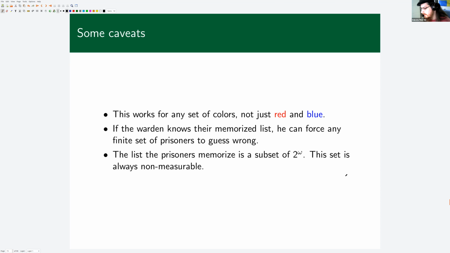I absolutely know that, but whether it's non-measurable in a topological sense or in a measure sense, I think there's some detail about whether they're meager or null or something. But the set they memorize, no matter what it is, can't have nice topological or measure theoretic properties. It has to be bad.